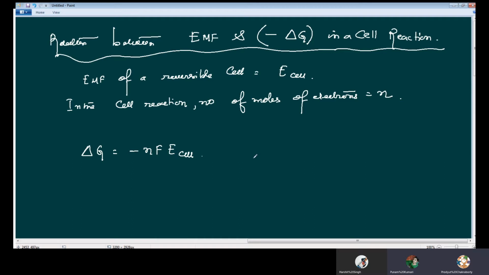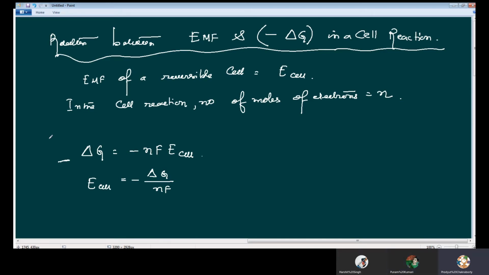Now if we rearrange it and take E cell from this relation, E cell is del G by nF, and it's negative here. Yes, del G is negative. Gibbs free energy always decreases in a cell reaction.